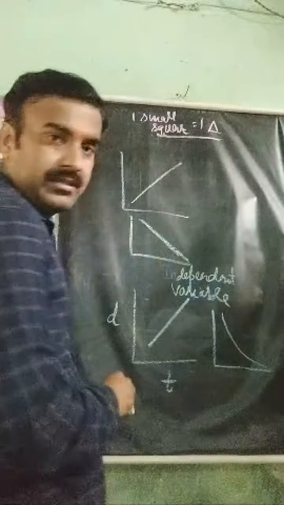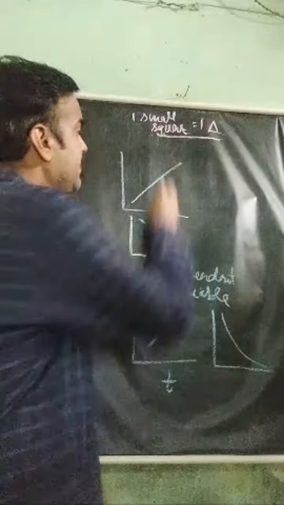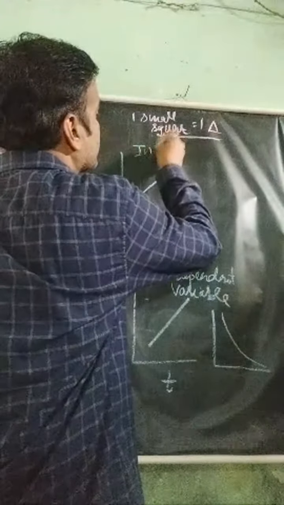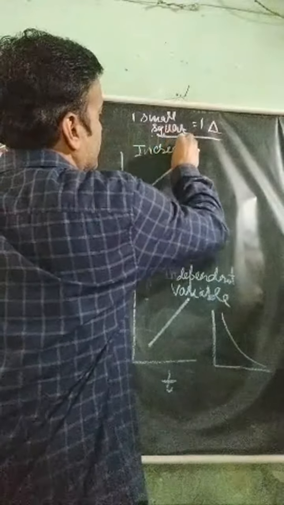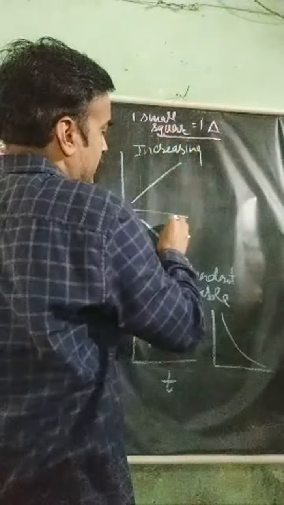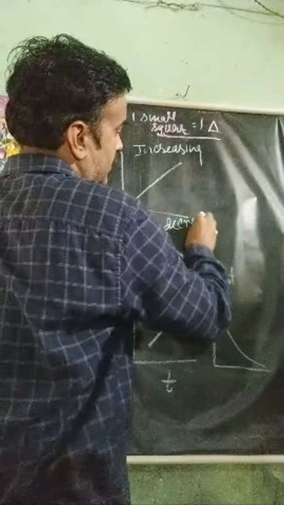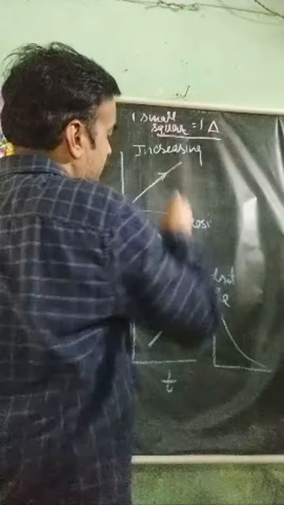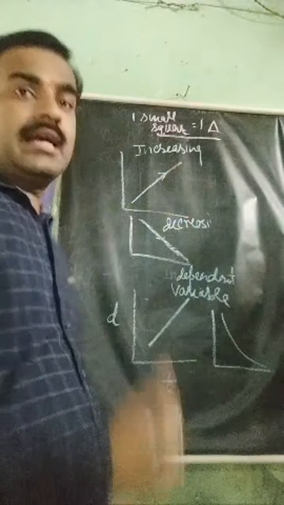The graph is getting like that. That means on the basis of the two physical variables, we can decide which one is increasing and which one is decreasing.